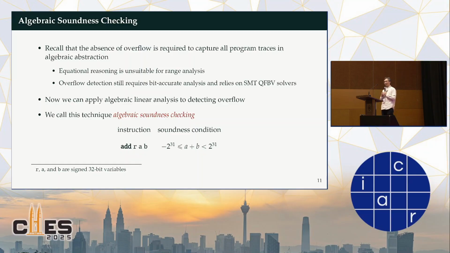But as I said, the algebraic linear analysis requires the absence of overflow. So this is some kind of circular reasoning. But by induction, we can prove that this approach does work. So we call this technique algebraic soundness checking.